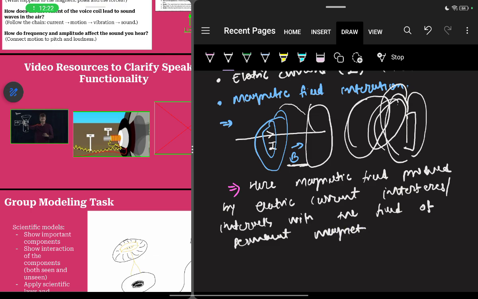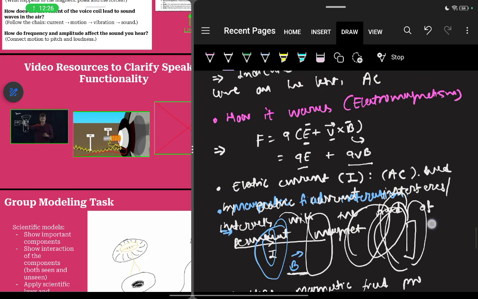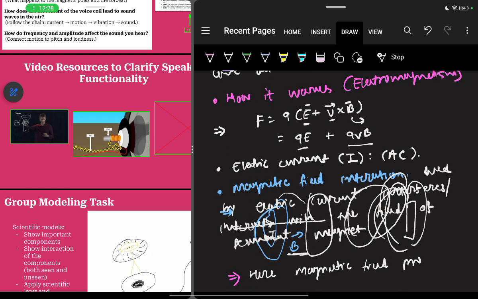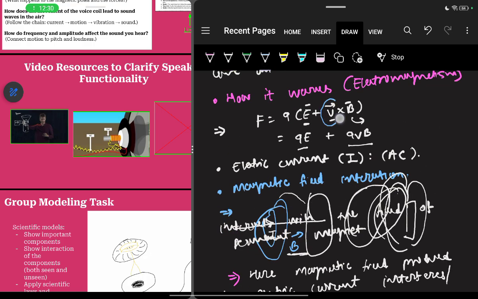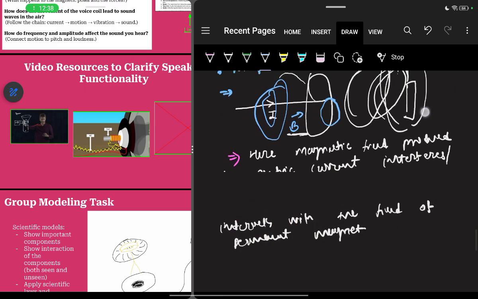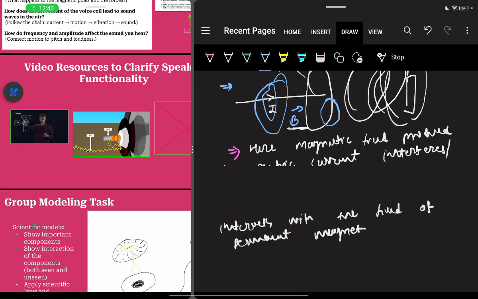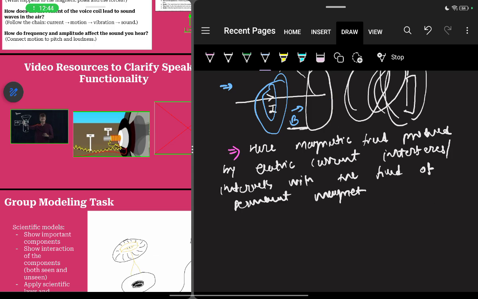Alright. Now let's talk about movement. As you can see in our Lorentz force formula, there was this term V, right? V represents velocity. Velocity means movement, right? So let's talk about the movement. Because the AC signal constantly changes the direction, that's why it is called alternating current.